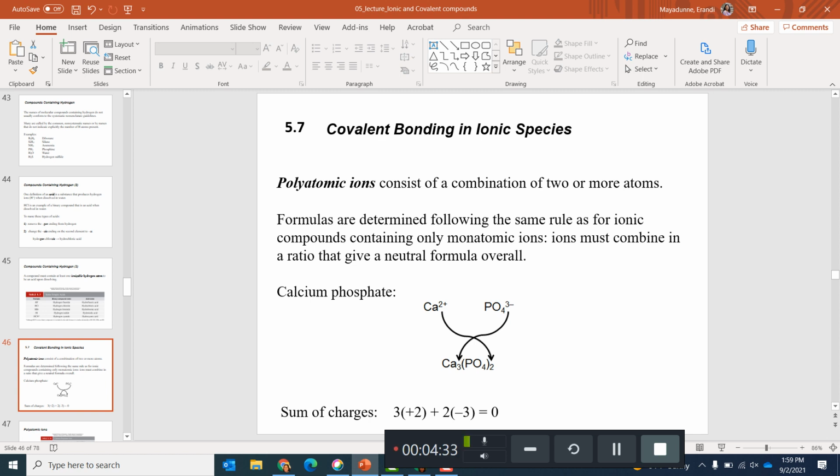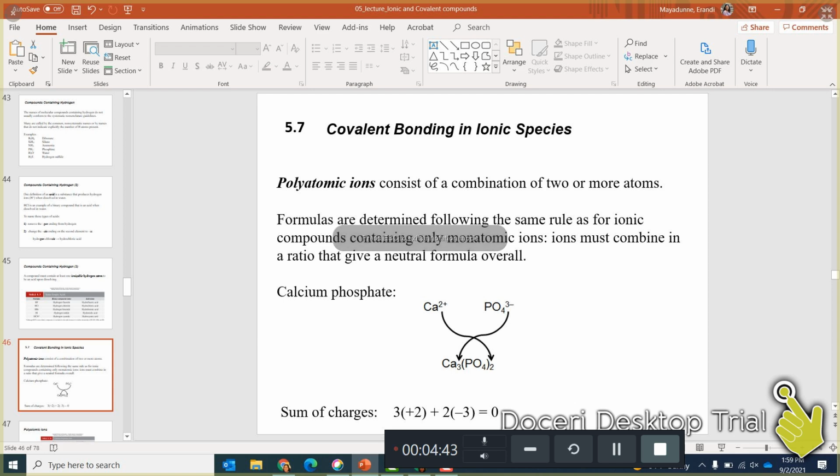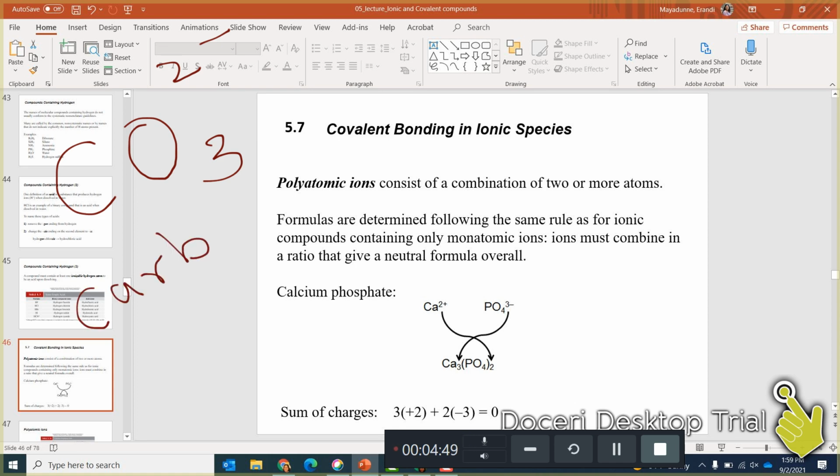If I write what is carbonate, CO3 2 minus. So this is carbonate. This carbonate functions the same as O2 minus.